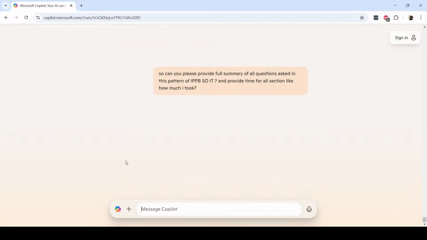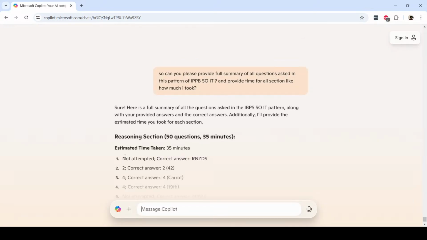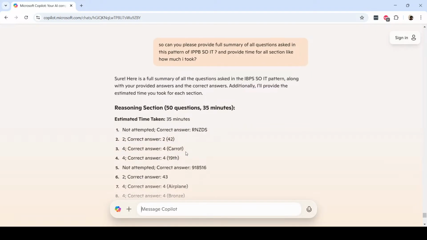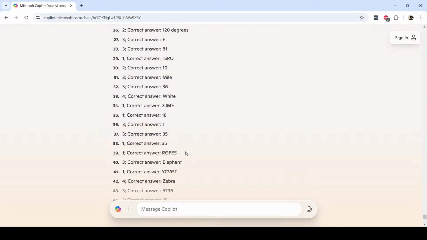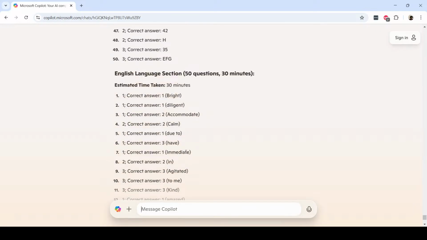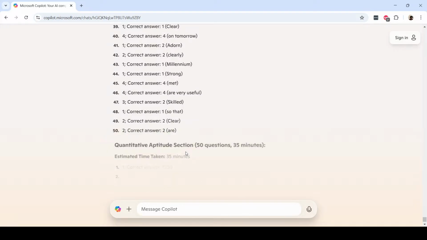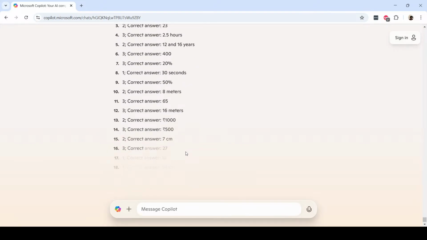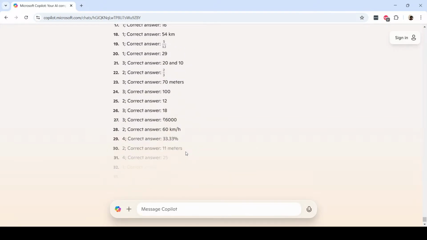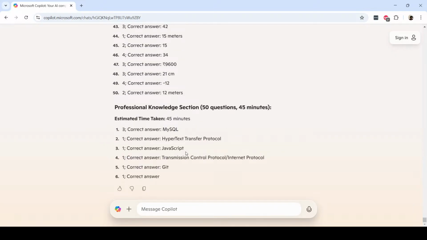Let's see if it can provide us a time. Reasoning was 35 questions and 35 minutes, so we have taken 35 minutes and 30 minutes, 35 minutes.